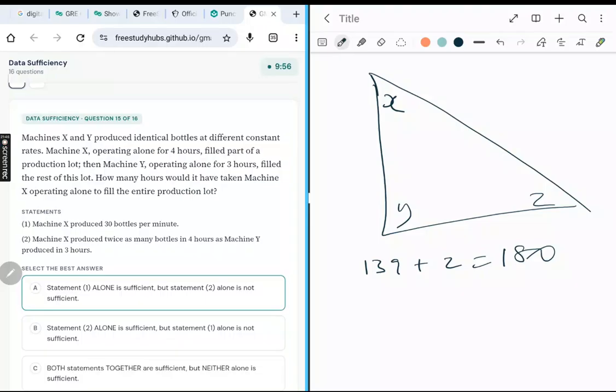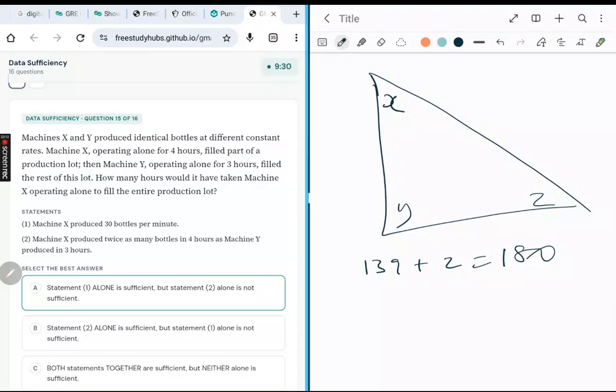Machine S and Y produce identical bottles at different constant rates. Machine S, operating alone for 4 hours, filled part of a production lot. Then machine Y, operating alone for 3 hours, filled the rest of this lot. How many hours would it have taken machine S, operating alone, to fill the entire production lot?